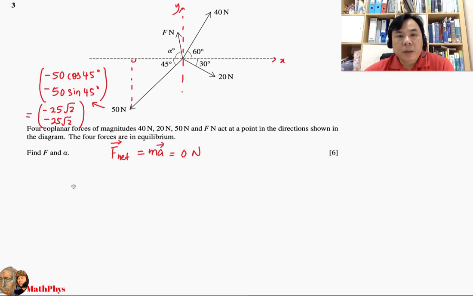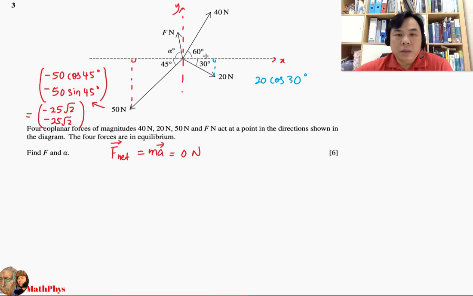Next, we're going to look at the second force, 20 Newton here. Now we're going to perform the same procedure here. We're going to draw a right-angled triangle, and then we're going to work out the x component for this force, which is given by 20 cosine 30 degrees.